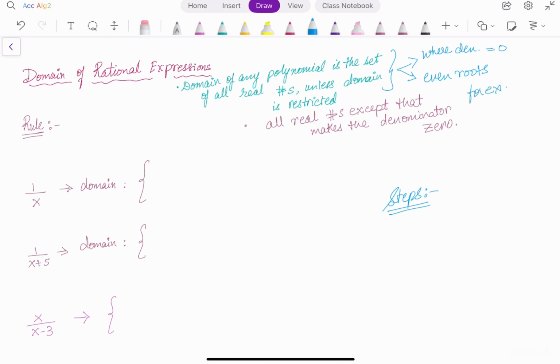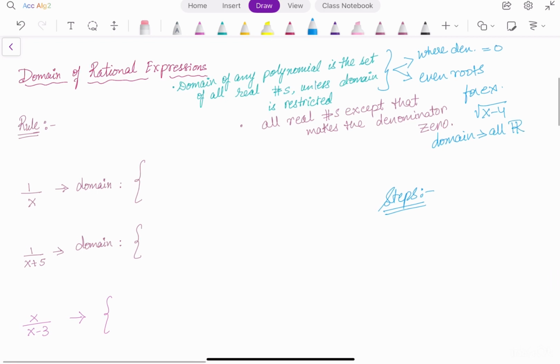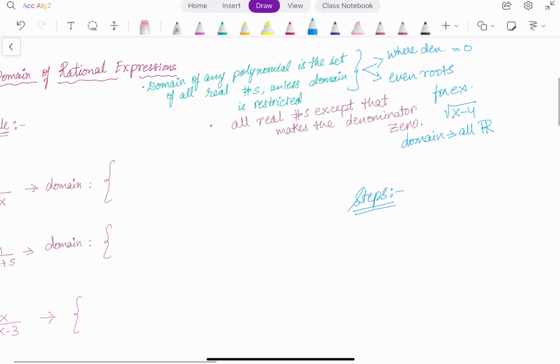For example, if we take the square root of x minus 4, what are my restrictions here? x can be real numbers, but x cannot be less than 4.